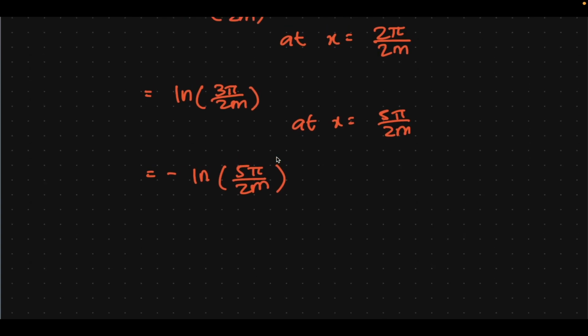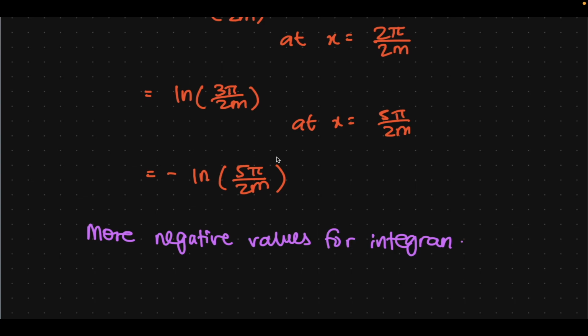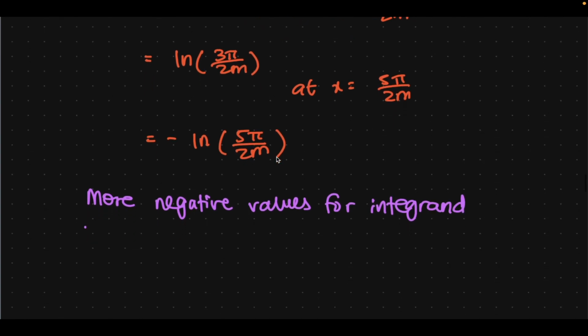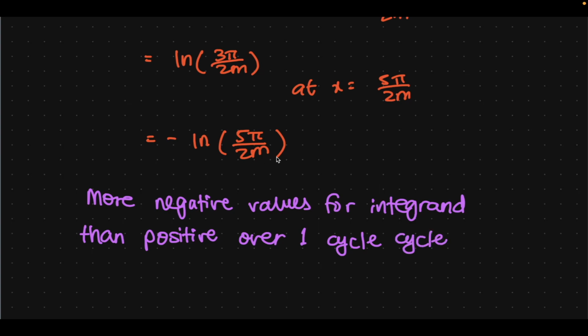Let me write that down. So there are more negative values for the integrand, or the area interpretation of the integral, than positive over one cycle, that's 2 pi over m.